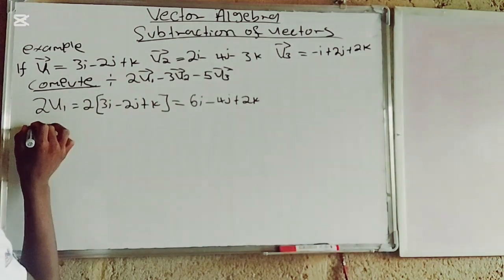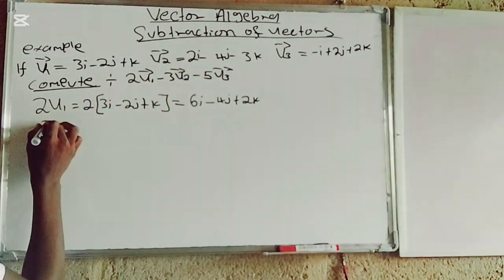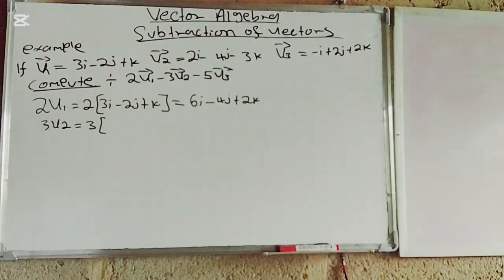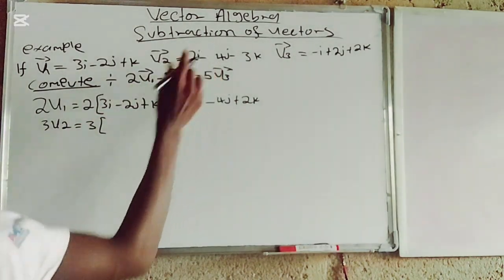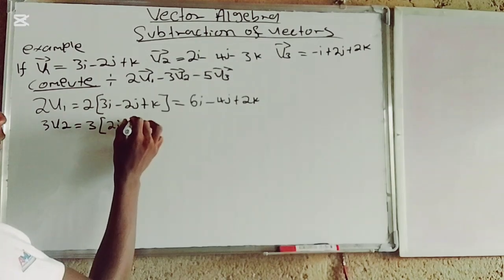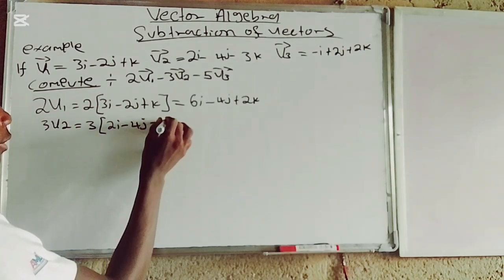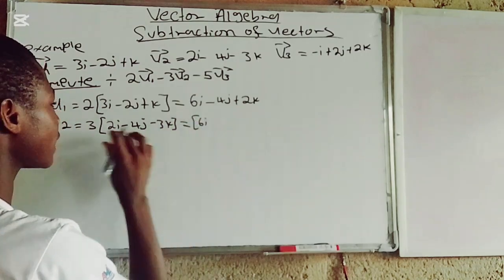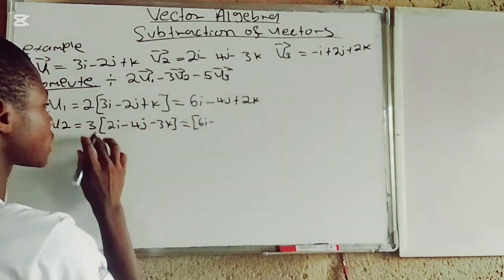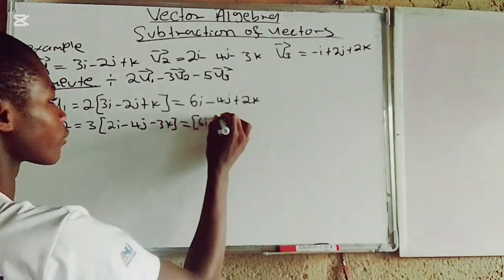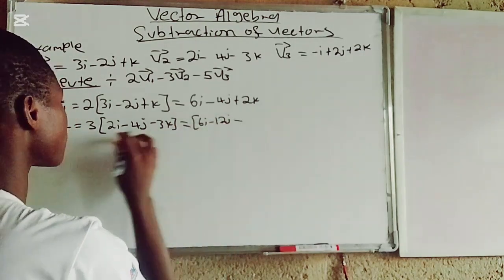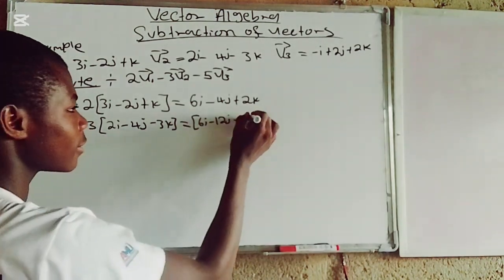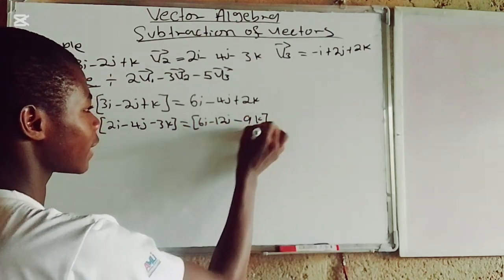Then I have to first find 3v2. I have to say 3 times 2i minus 4j minus 3k, which is the same thing as 6i minus 4 times 3, 12j, minus 3 times 3, which is 9k.